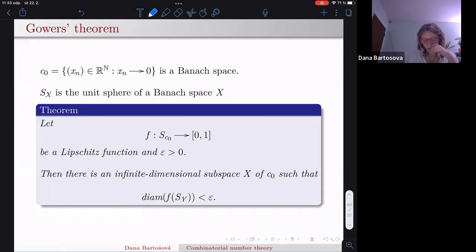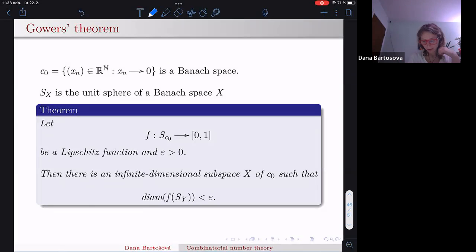It has a norm, and with respect to the supremum norm, this is a Banach space. It's just illustrative if you do not know much functional analysis yet. And S of X is the unit sphere of the Banach space. So these are all the vectors that have norm 1.